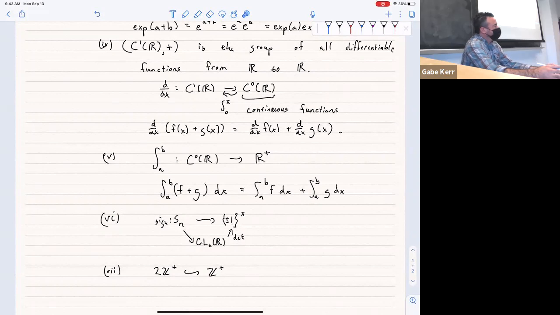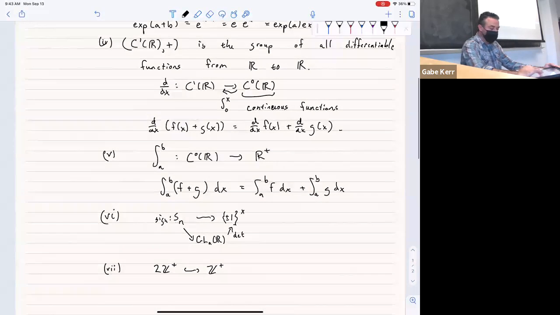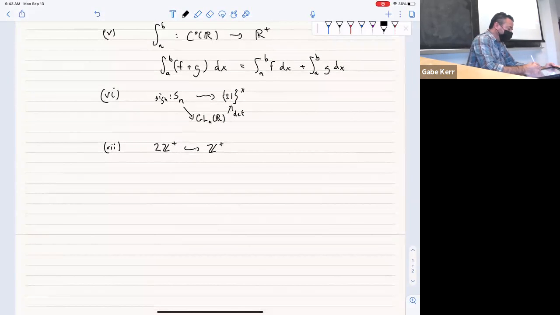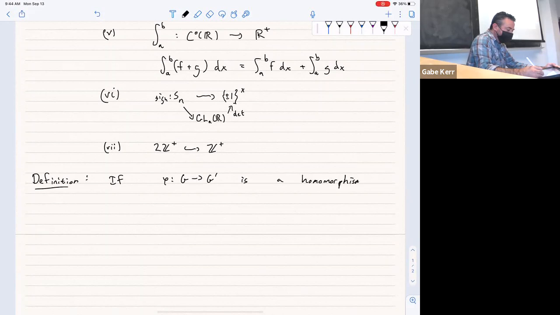In fact, there is a notion of the lack of injectivity, which I'm going to jump to because you brought it up, but we'll return to it in a moment. So there's a definition. If I have a homomorphism phi, you can define a subgroup of G just from this homomorphism: the set of all elements g of G such that phi of g is equal to the identity of G prime.